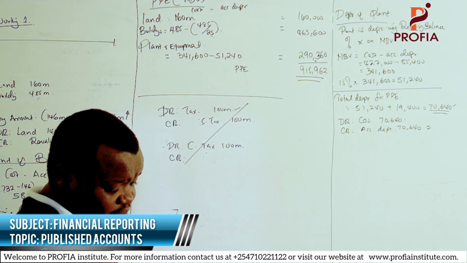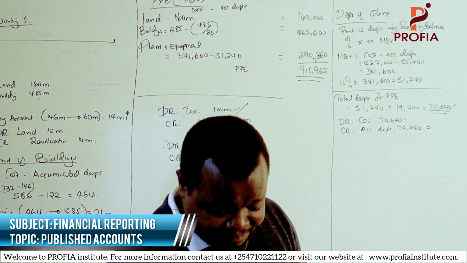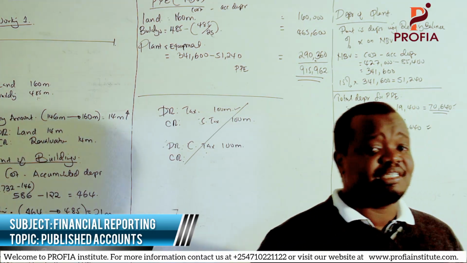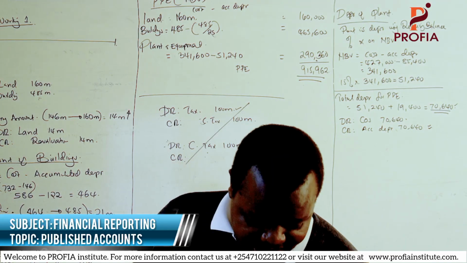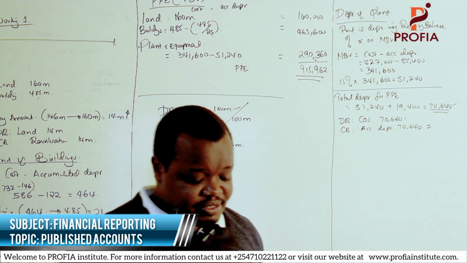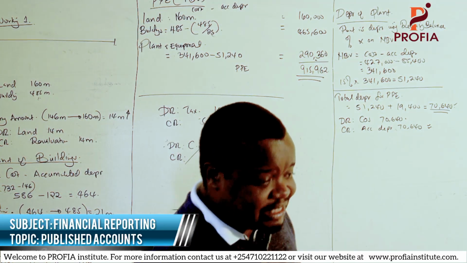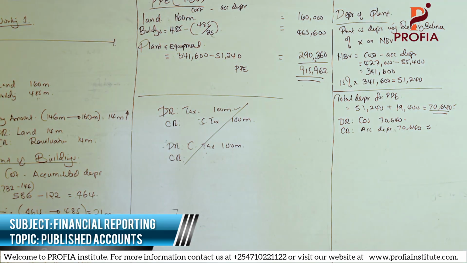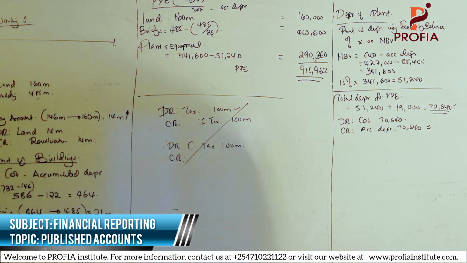Tuende kwenye swali kwanza. Acha tufanye na swali. Atuandike kitu. The income tax, let's just write something. Income tax is a tax expense for the current period and is calculated as follows.